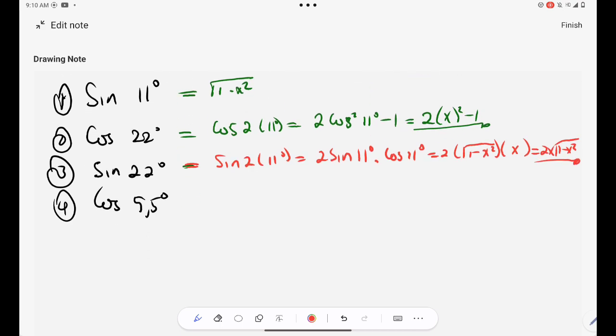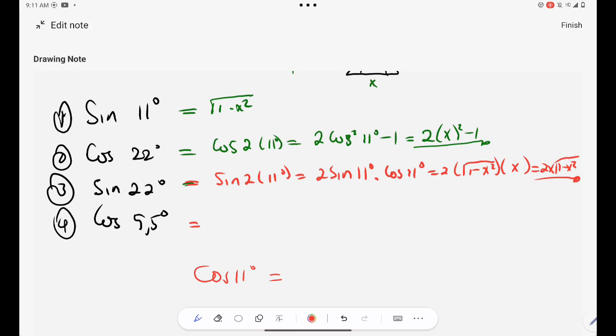Are you together? And then now I want to find the cos of 5.5. Please note that cos of 5.5 can be found like this. We were given the cos of 11 degrees, right?